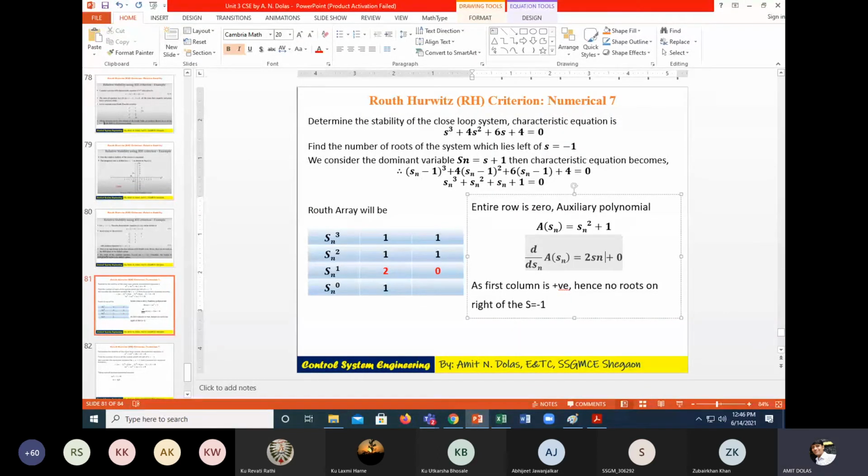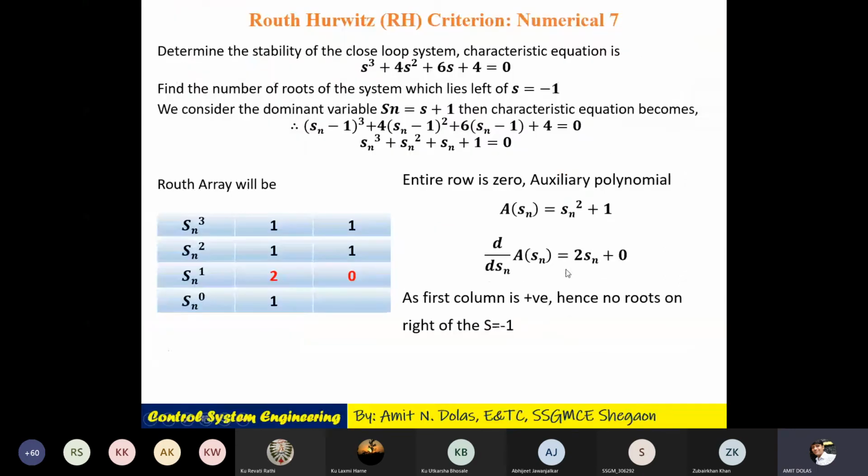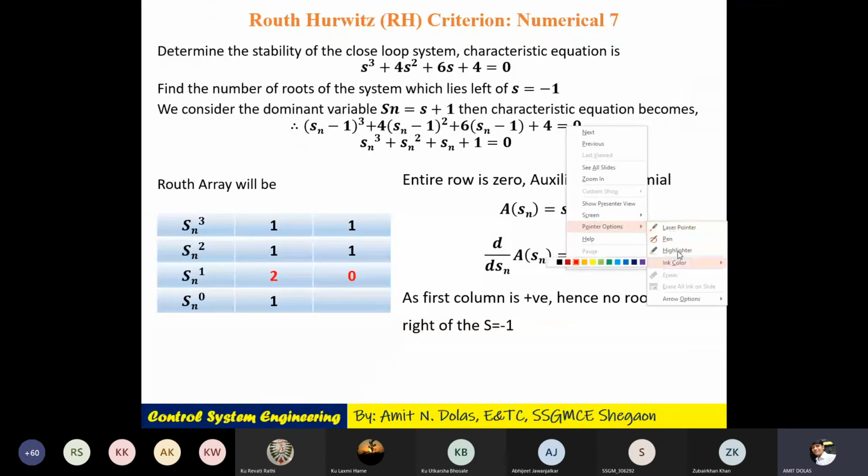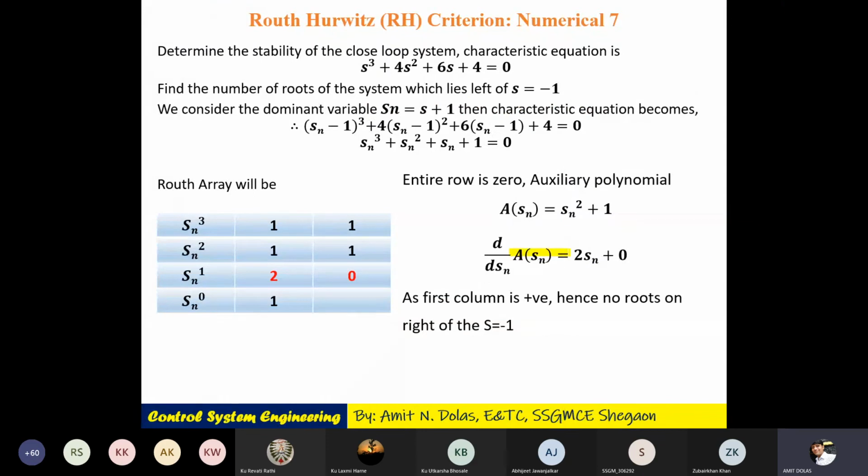So we got the auxiliary equation, we differentiated with respect to Sn, and we got 2 and 0 as the coefficients that are kept in place of the 0 wala row. So 2 and 0. Then calculate, that is 2 into 1 is 2 minus 1 into 0 is 0, that will be 2. 2 divided by 2 itself will be 1.